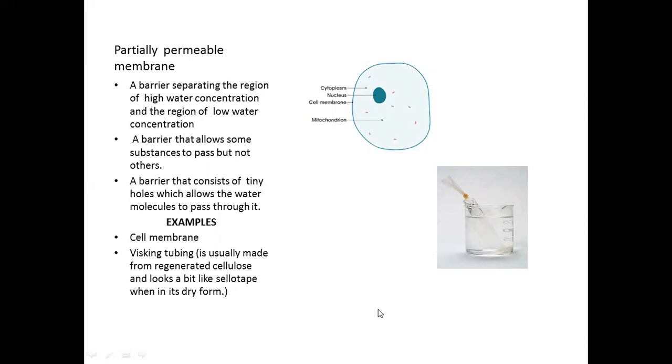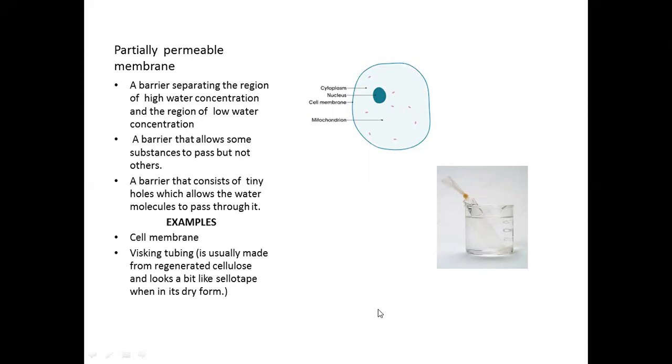In the case of diffusion, a partially permeable membrane may or may not be present, but osmosis always takes place through a partially permeable membrane. For example, the spreading of a drop of ink in water takes place in the absence of a membrane.